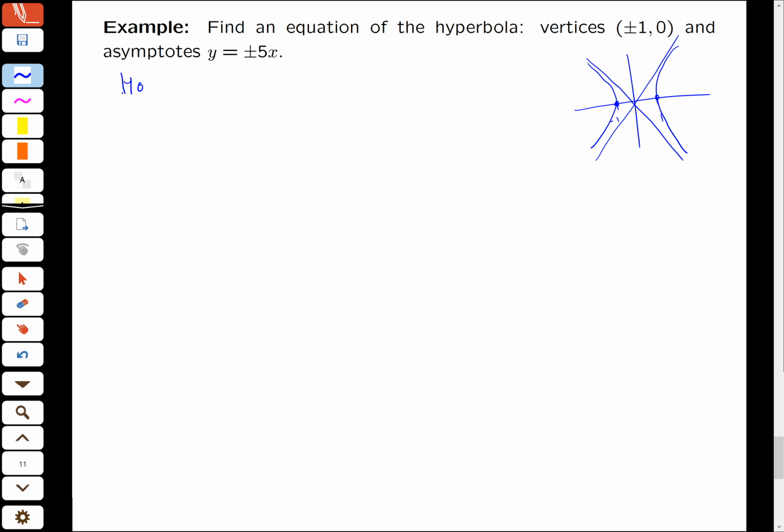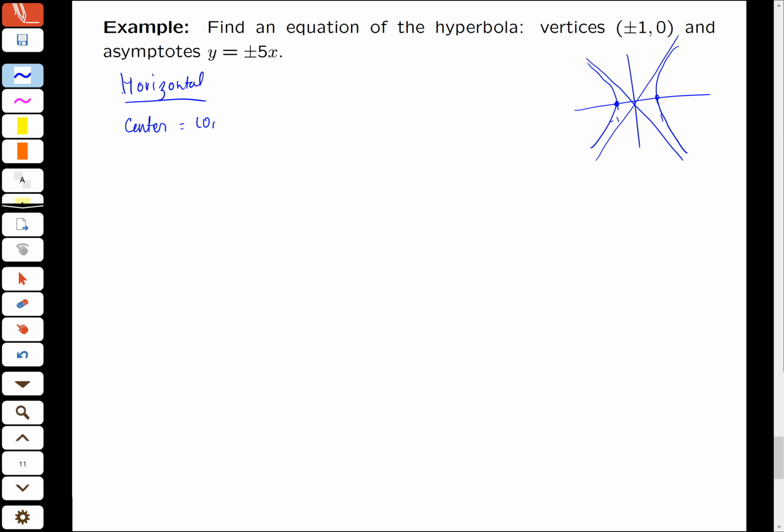I know that the vertices are -1, 1. The center is in the middle of the vertices, so where is the center? 0, 0. Center is the midpoint of the vertices, so it's at 0, 0.